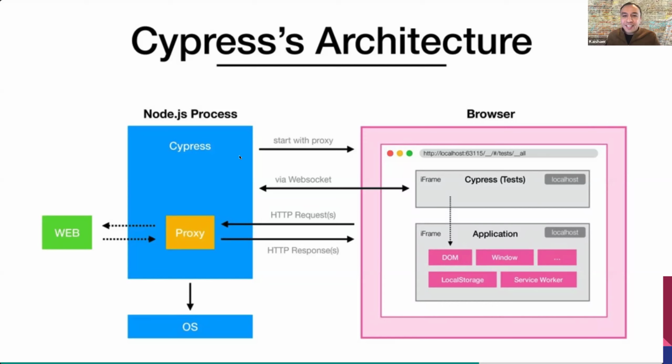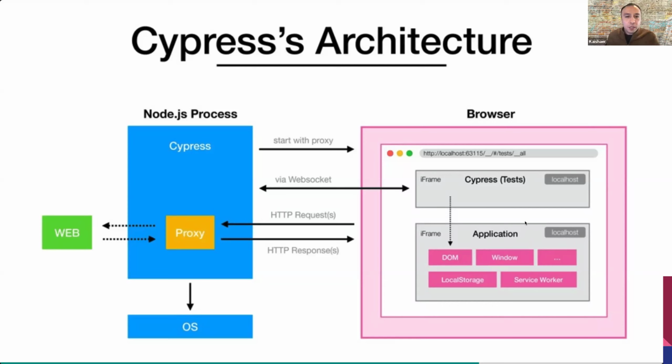First, it initializes a proxy server, which is essential for intercepting and modifying network requests. This proxy server sits between the web application under test and Cypress, giving it full control and monitoring ability for the HTTP requests and responses.